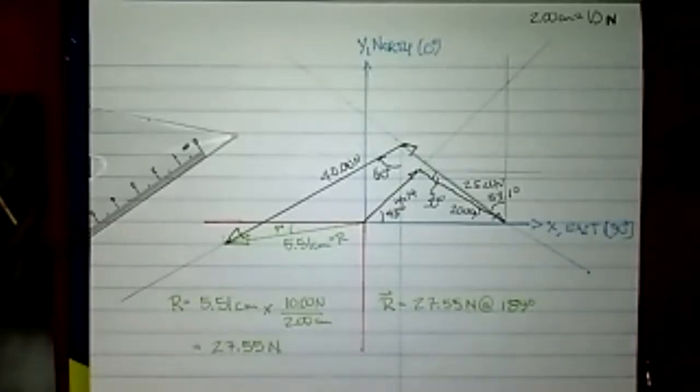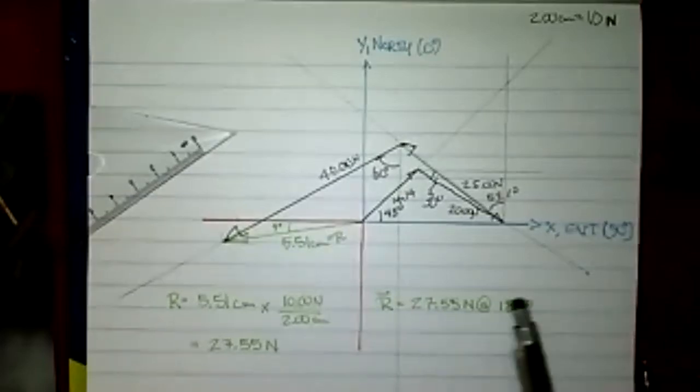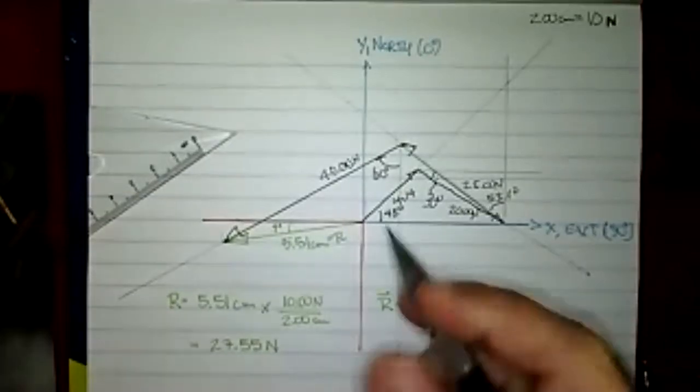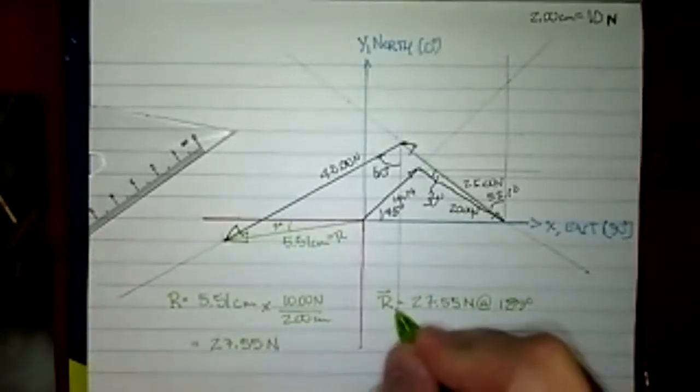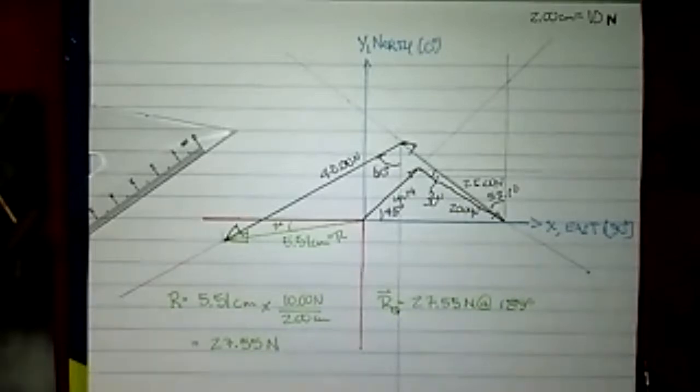I can't estimate beyond a whole number, and even a whole number was sketchy at best, but that's what I got graphically. So I'll put a little G on that just to remind everybody that that was via graphical analysis, not the mathematics.